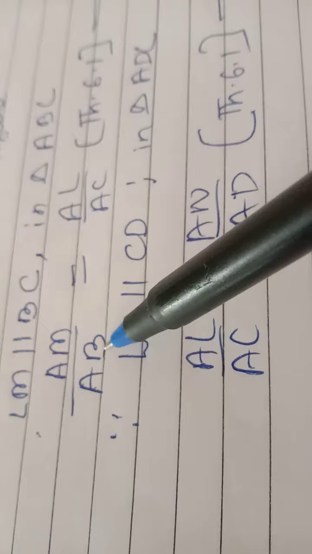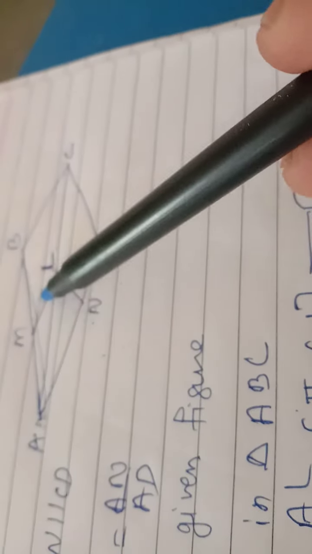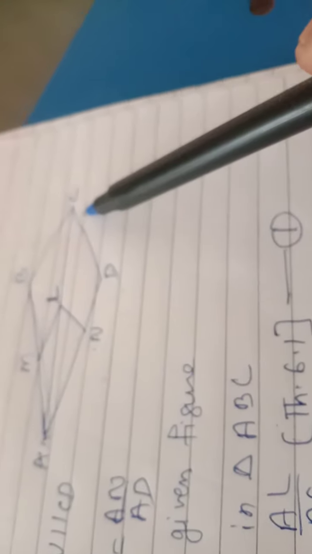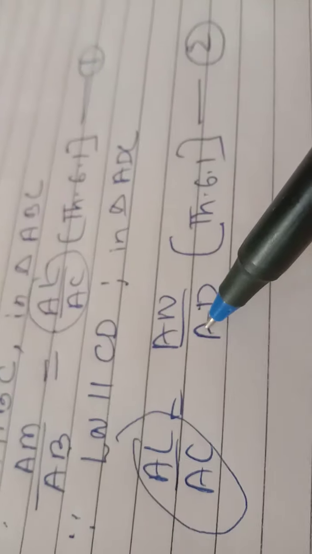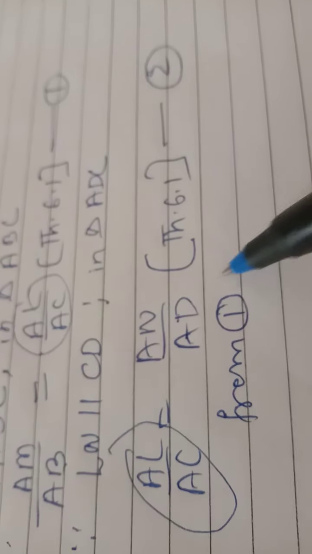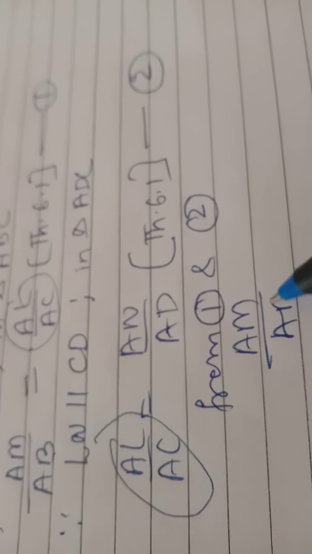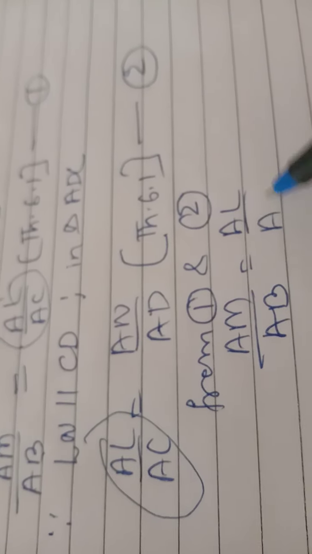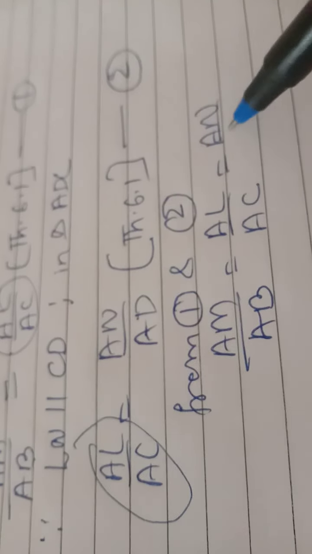Now what you can get from 1 and 2: the ratio of AM upon AB is equal to AL upon AC, as well as the ratio of AN upon AD is equal to AL upon AC. It means that AL upon AC is the common ratio for both the parallel conditions. So from 1 and 2, AM upon AB is equal to AL upon AC is equal to AN upon AD.